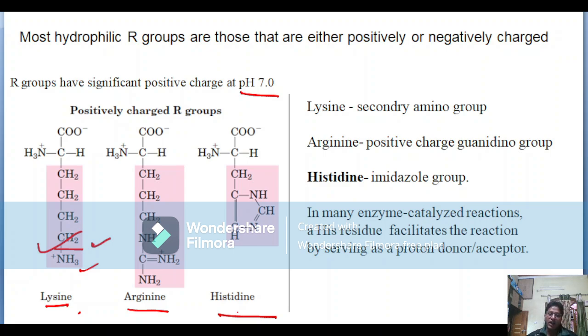So we have to remember these three amino acids: lysine contains the secondary amino group, arginine contains the guanidino group, and histidine contains the imidazole ring. All three are called positively charged amino acids.